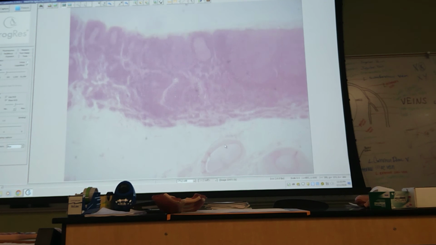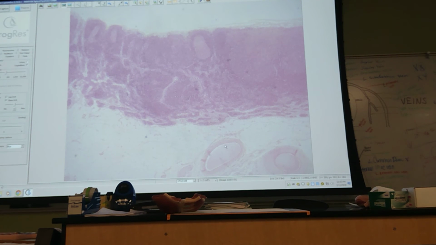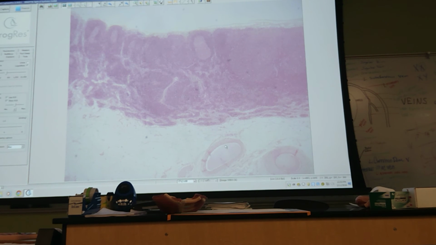All right. Now, they have trabeculae. They're not very obvious in a lymph node. So here's a capsule. You can kind of see right there. Maybe right there. There are trabeculae in the lymph node. Okay? There is cortex and medulla.